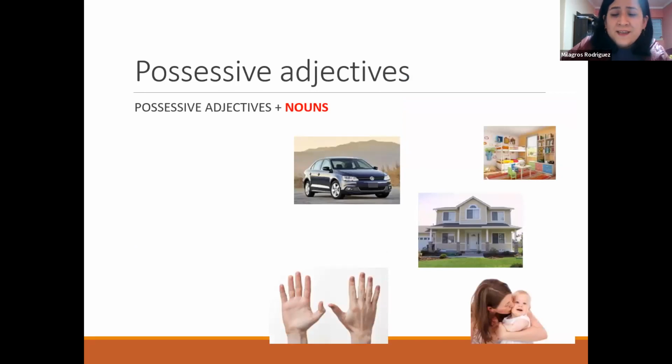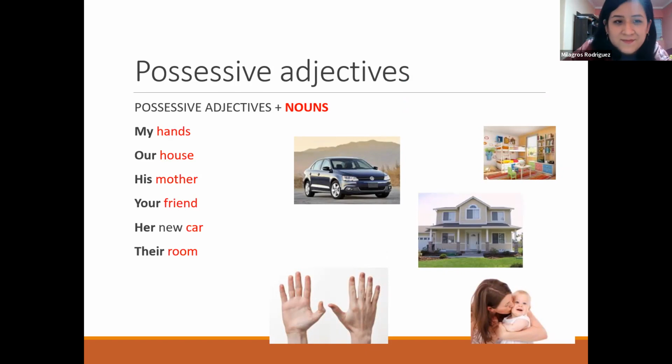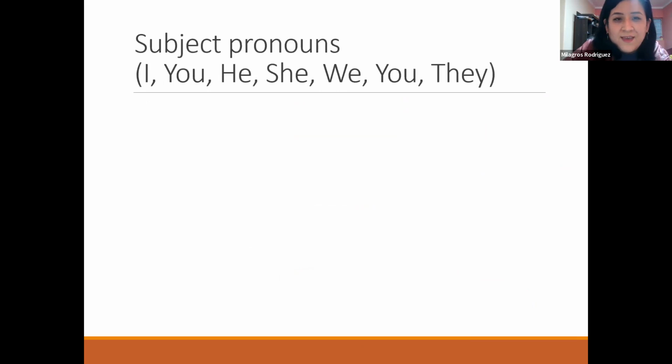So the possessive adjectives, like we said before, they always go with nouns, always. To make sense, to be logical, they need a noun. My hand, our house, his mother, your friend, her new car, their room. The subject pronouns or personal pronouns are I, you, he, she, and it.